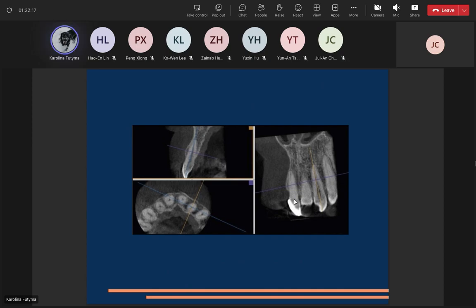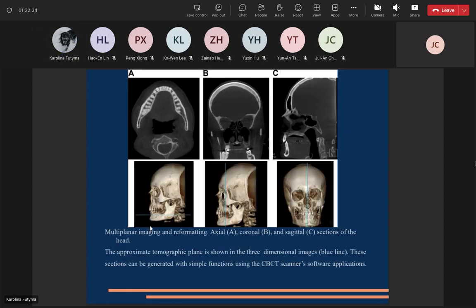Those are, of course, transsectionals here and here. This is the part of the small field of view with, of course, the axial view. Okay. Here we have again axial, coronal or frontal, and the sagittal section.